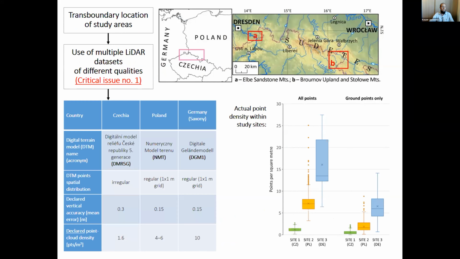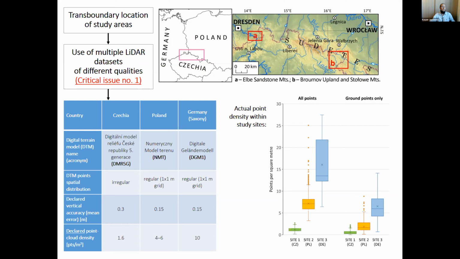And the first issue, I like to call these issues critical because I feel they are really, really important for us. The first one is due to location of our study areas, which are, as you can see, in 3 different countries: Czechia, Poland, and southeastern Germany, Saxony.